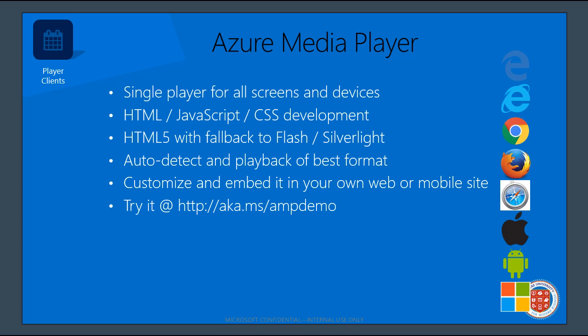So whether it's an iOS device or a Windows laptop, it will negotiate with Azure Media Services to retrieve the stream that's of the right format, of the right DRM protection scheme, as well as in real time adapting to the network conditions to request the appropriate bitrate stream.